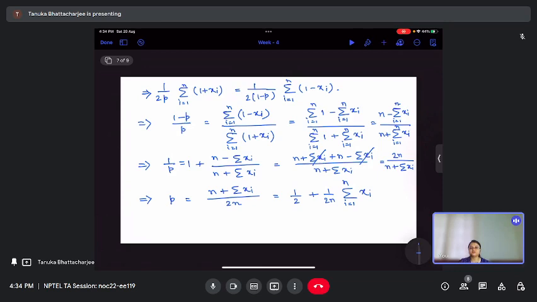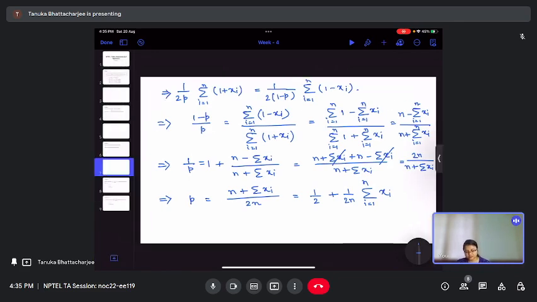So, you take the derivative of this log likelihood with respect to the parameter. Here p was our parameter. So, we take the derivative with respect to p, and then you equate this derivative to 0, and you get this estimate as the maximum likelihood estimate or ML estimate of p. So, these were examples of ML estimate for two different probability mass functions. You can compute it for any parametric distribution or density function.